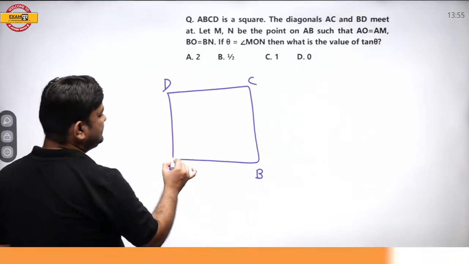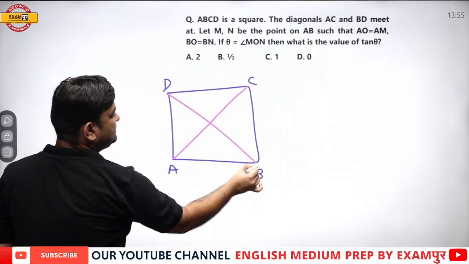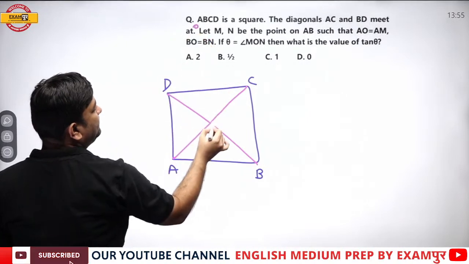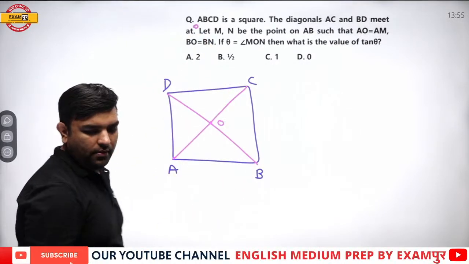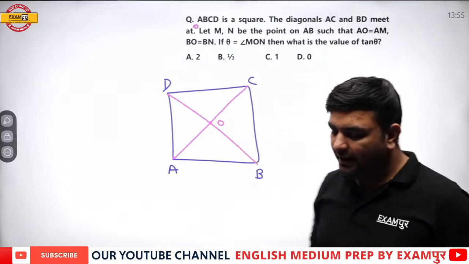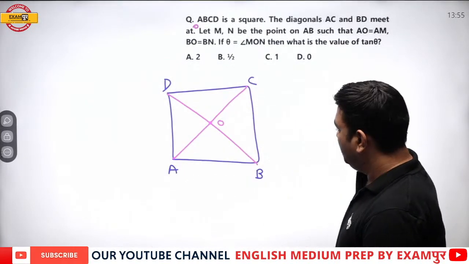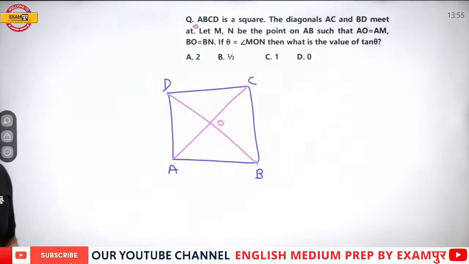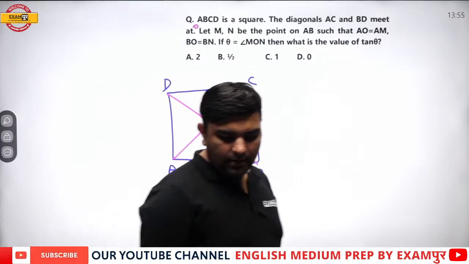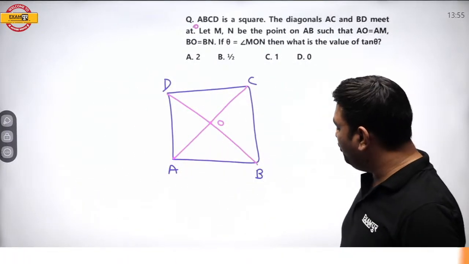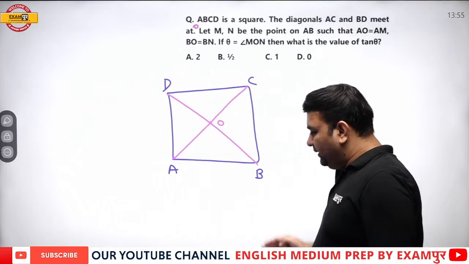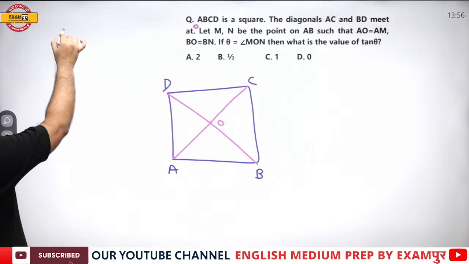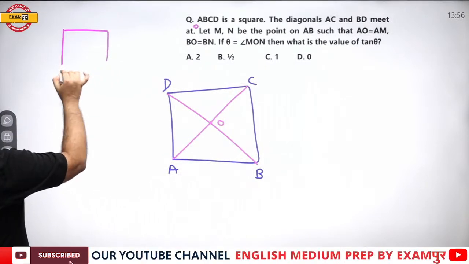AC and BD intersect at O. Let M and N be the points on AB such that AO is equal to OM. Guys, can I say the diagonal of a square is the angle bisector as well? 100%, yeah.